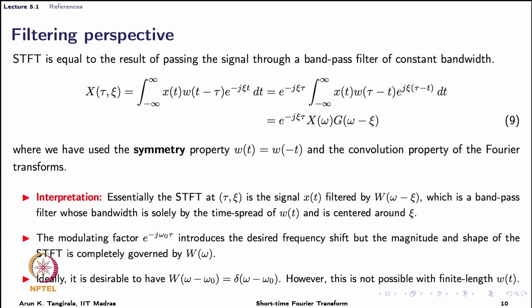So, the interpretation is that the short time Fourier transform at tau comma z is a signal filtered by this w or g. In fact, I use g and w interchangeably because magnitude wise they are one and the same. By the way, in deriving this equation 9, we have used the symmetry property and the convolution property of the Fourier transform.